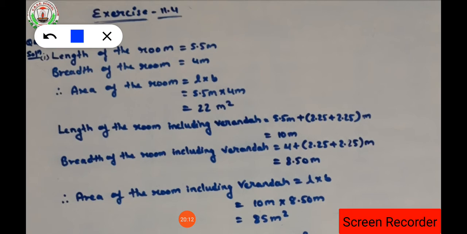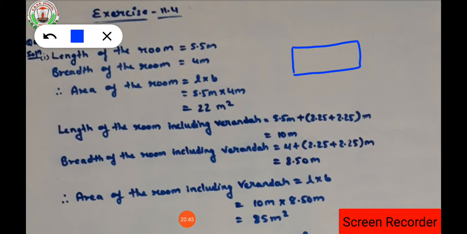Now outside a room, suppose we are having a room. This is the room we are having. Now a veranda of 2.25.